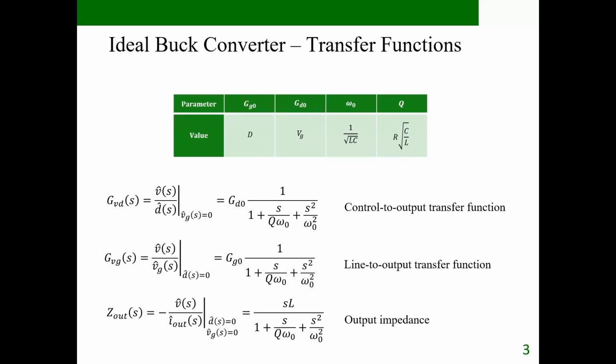The natural frequency omega 0, quality factor Q, and the LC double pole appear in all of them. These transfer functions form the mathematical foundation for everything that follows: loop gain construction, type 3 compensator design, digital implementation on the C2000, stability and transient response analysis. On the next slide, we will look at the frequency response for the control to output transfer function, or GVD of S.